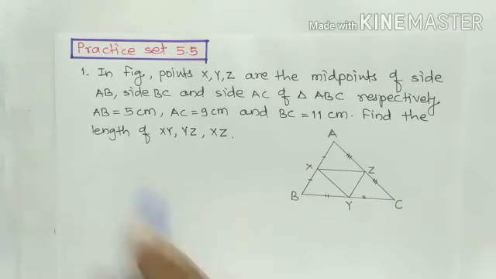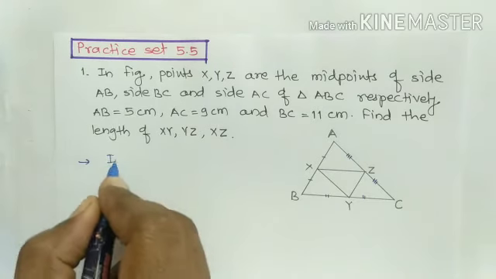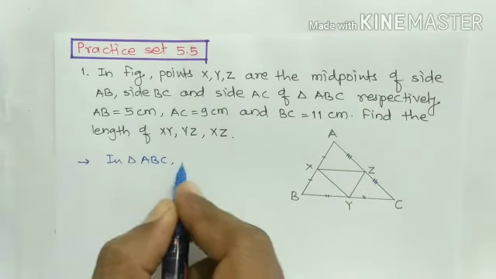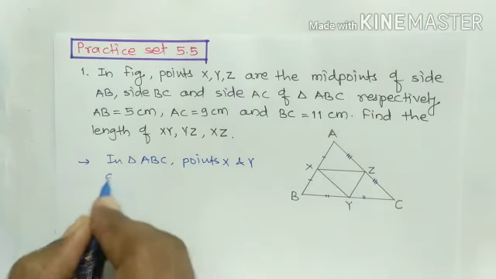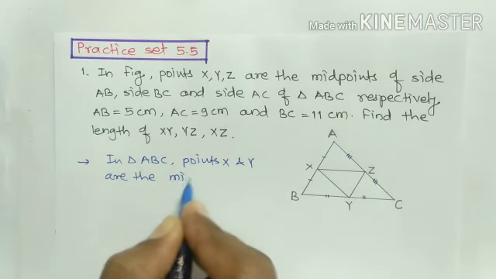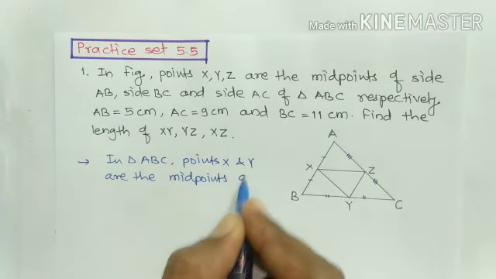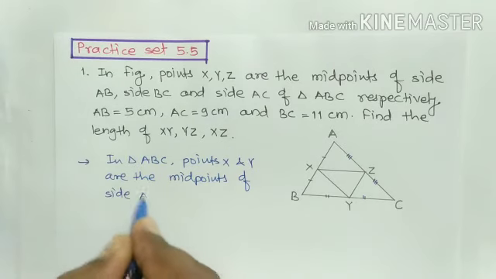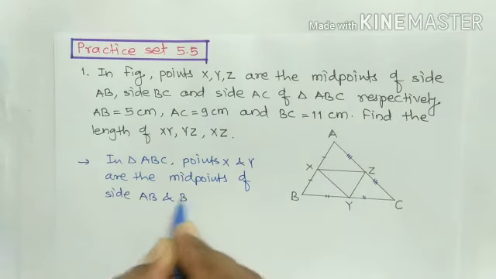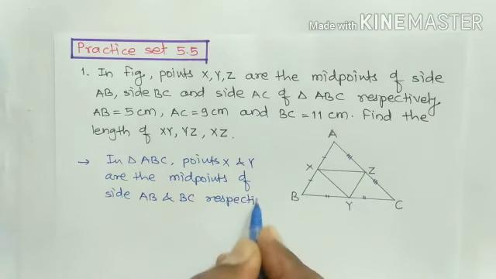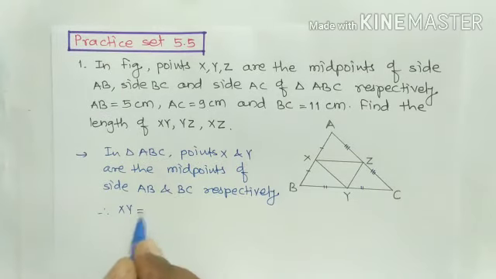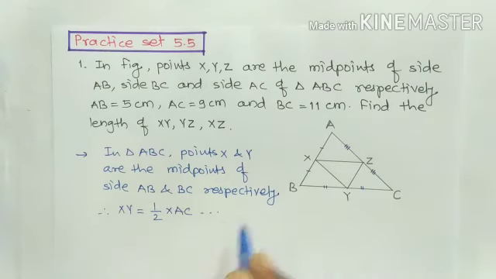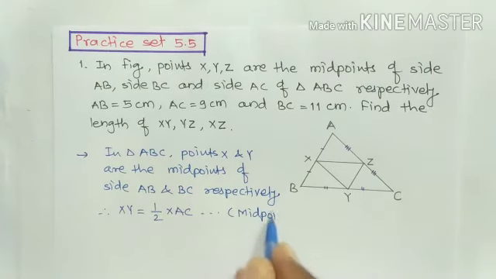Here in triangle ABC, points X and Y are the midpoints of side AB and BC respectively, and therefore XY is half of the third side, that is XY equals half into AC by midpoint theorem.